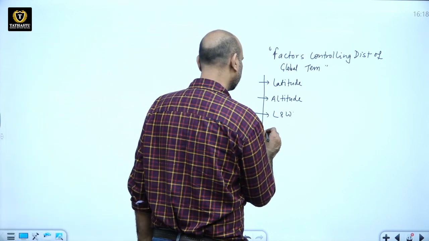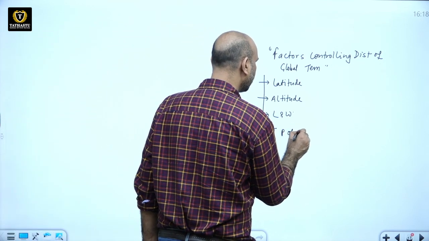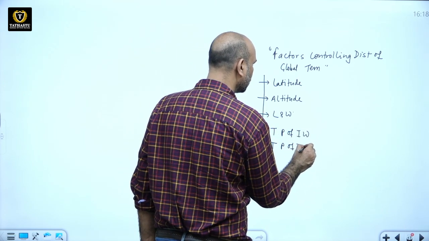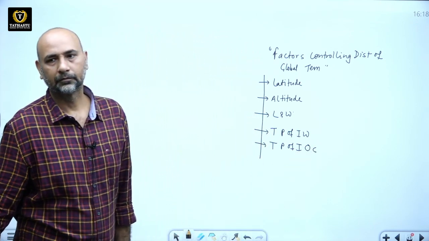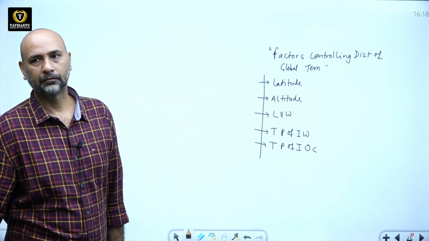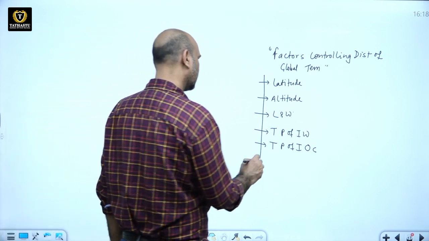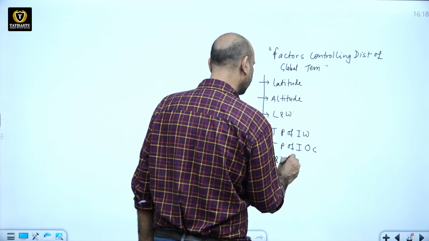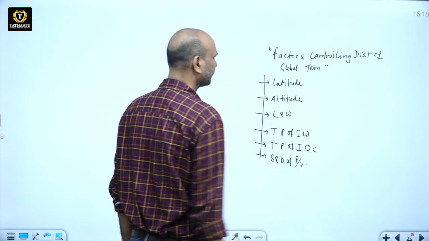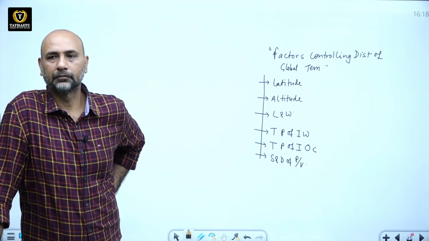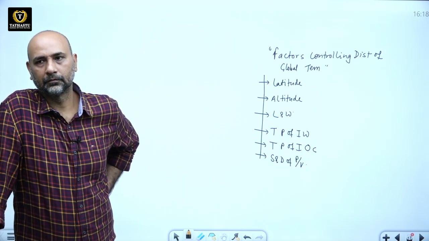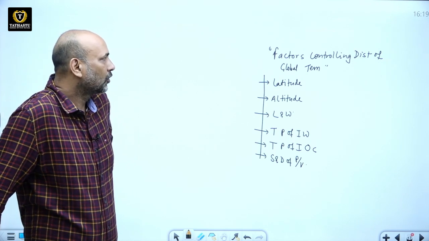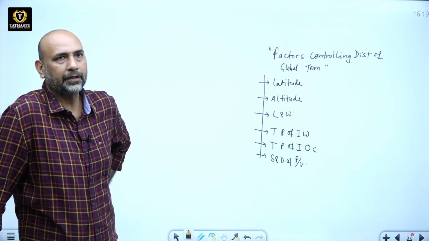Next is thermal properties of inflowing winds, thermal properties of inflowing oceanic currents, size and density of plant and vegetation. These are the factors controlling global distribution of surface and atmospheric temperature.